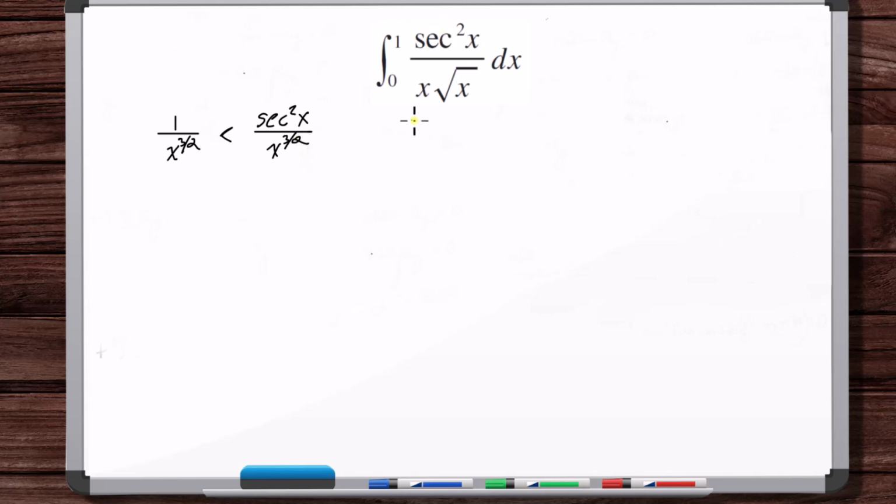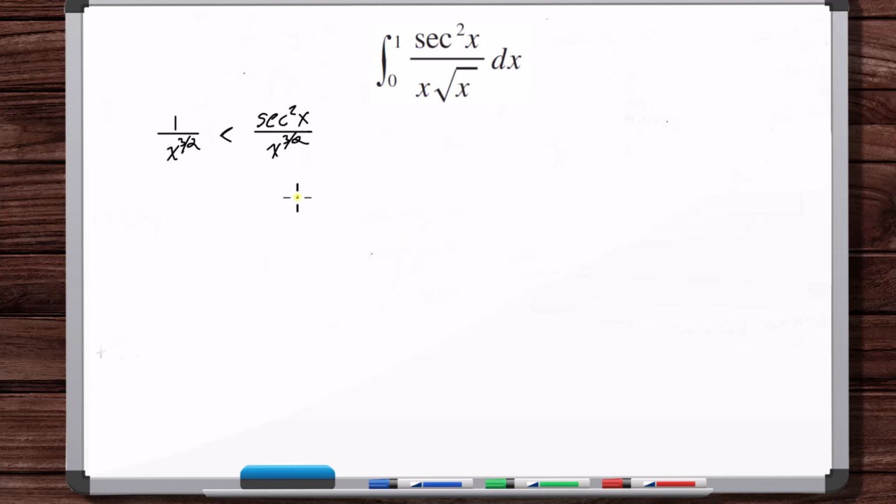Okay, but in this scenario, this is an improper integral of type 2. We're not going to infinity, but at 0, we have an infinite discontinuity. So let's imagine we can't evaluate this integral, but we still want to determine if it's convergent going from 0 to 1, including this infinite discontinuity.